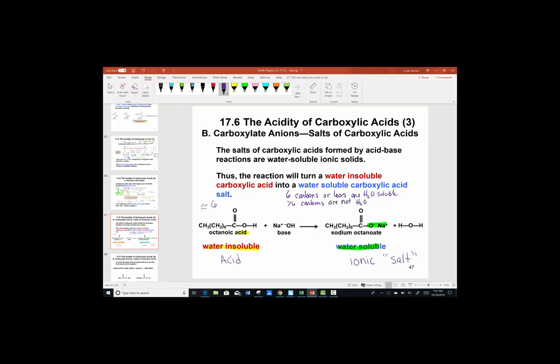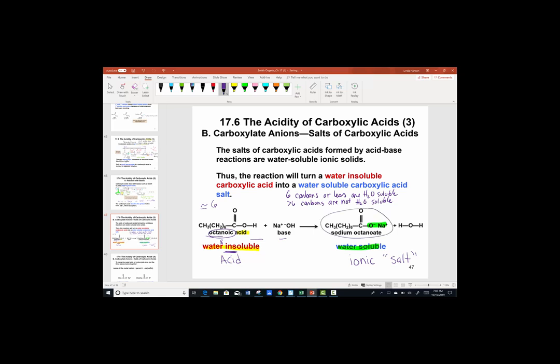And I emphasize that because look at this example here. We have octanoic acid. Octane is 8 carbons in the chain, so octanoic acid would be water insoluble. If I wanted to convert that to a soluble substance, I do an acid-base reaction. Acid plus base makes a salt and a water, and therefore I've produced a salt.